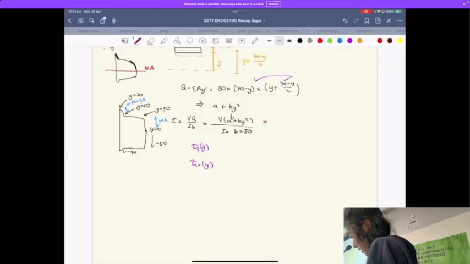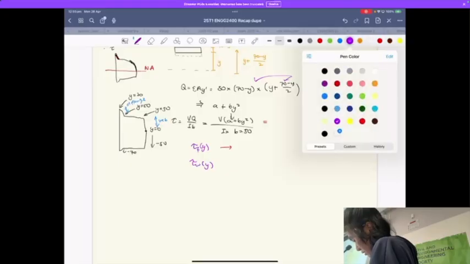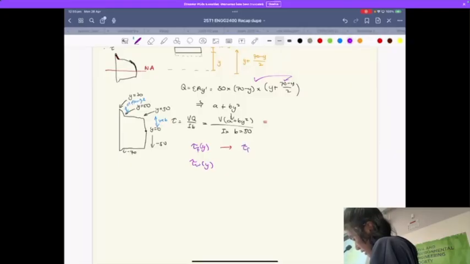So you would plug in tau flange 70, tau flange 50, and then you would plug in tau web 50, tau web... tau. Wait, what?